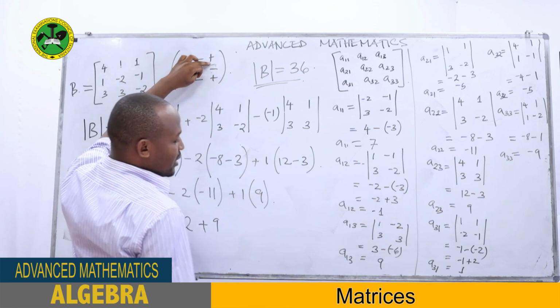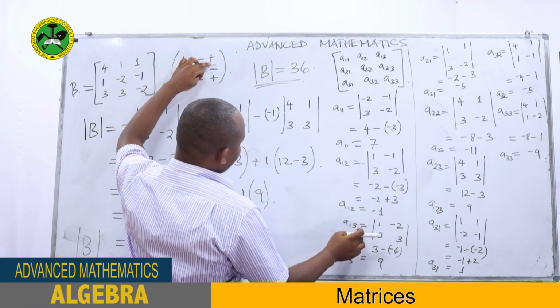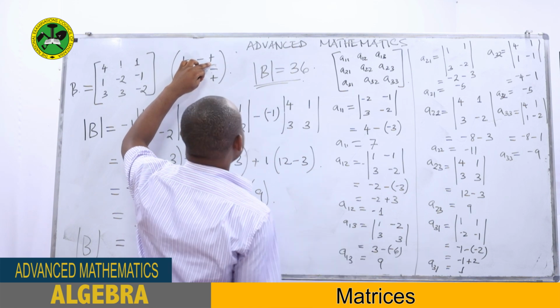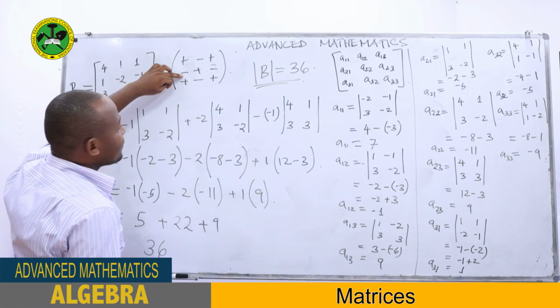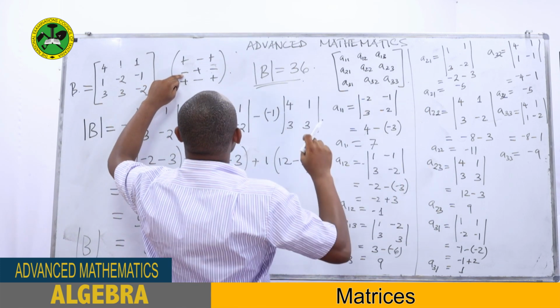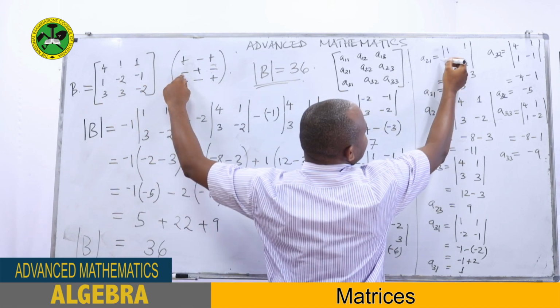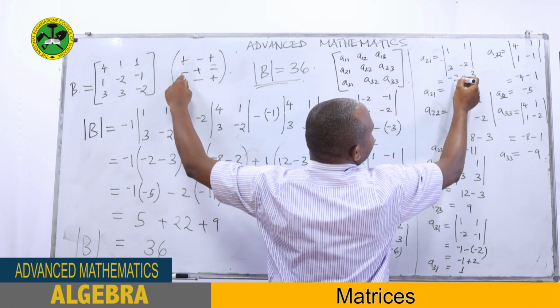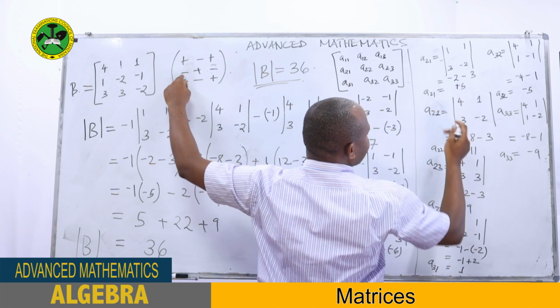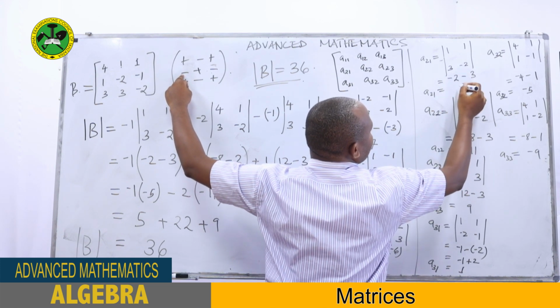The third one is supposed to be multiplied by positive, and it is positive. The fourth one is supposed to be multiplied by negative, and then all of this is supposed to be negative. That means we shall have a positive 5.